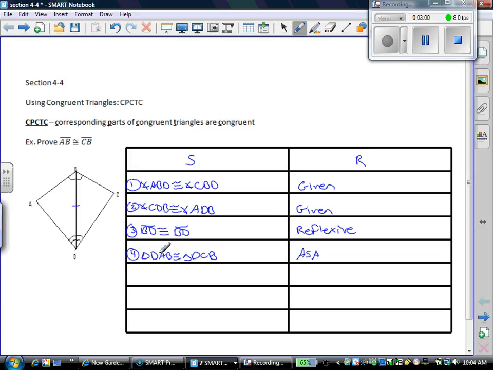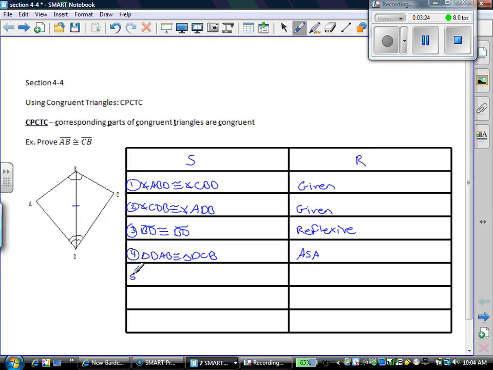Well, you'll notice AB is in the second and third positions, and CB is in the second and third positions. So they are in corresponding spots in congruent triangles, so therefore they are congruent. That is what this CPCTC stands for. Corresponding parts of congruent triangles are congruent.